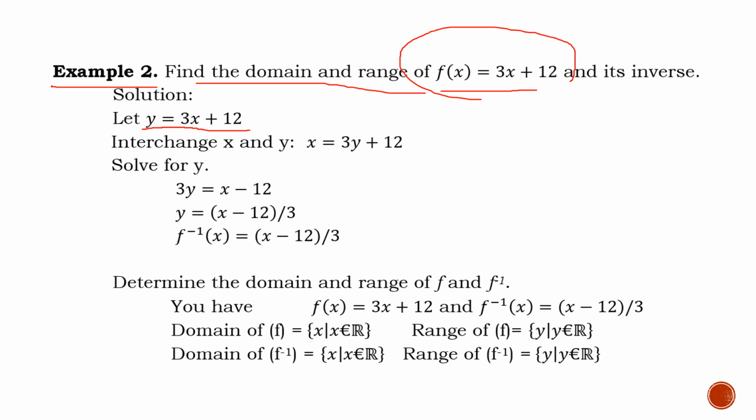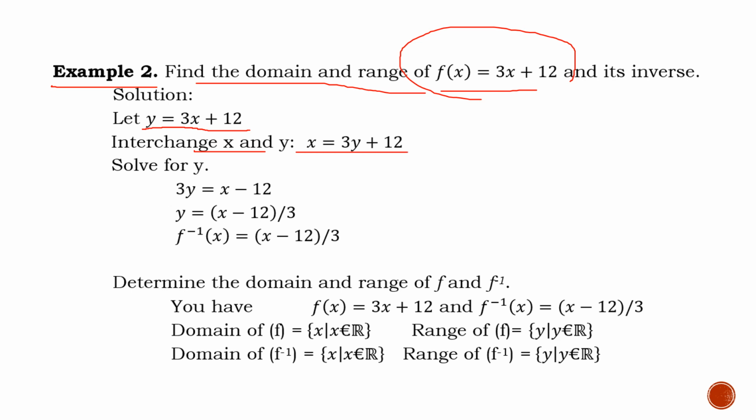Now, with the second process, we're going to interchange x and y, switching the location between your x and y variables. So all your x variables will be replaced by y, and all your y variables will be replaced by x.